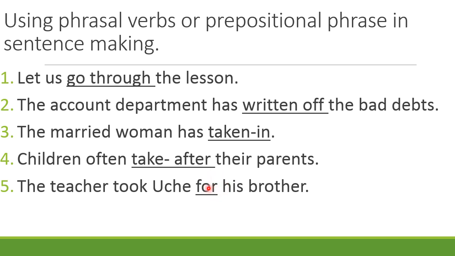Maybe the brother of Uche is called Emeka, so the teacher was calling Uche Emeka, not knowing that it was actually Uche, maybe because they look alike or behave alike, or something is making the teacher confused about identifying each from the other. That is why this for is here, to take the place of what? In place. The teacher took Uche for his brother.